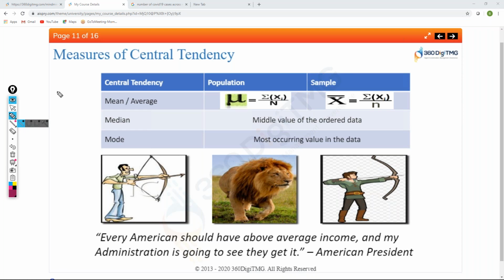So whenever data is provided to you and people ask you to perform analytics, of course, as part of inferential statistics, you get the sample, and on that sample, you perform something called descriptive statistics or descriptive analytics.